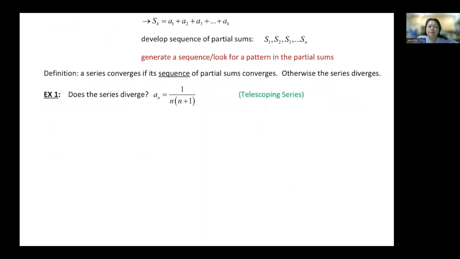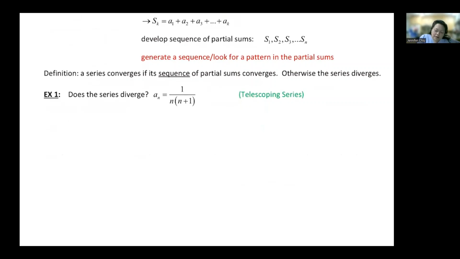That means that I have a list of numbers with this pattern. This is a sequence. Series means if I add them up, does this diverge or does this converge? Does it go into one number or does it go out into infinity, right? So this is a bigger pattern for us to see, and we'll take a look.